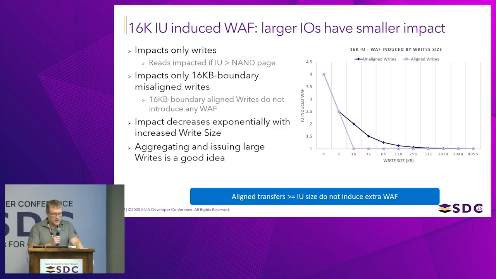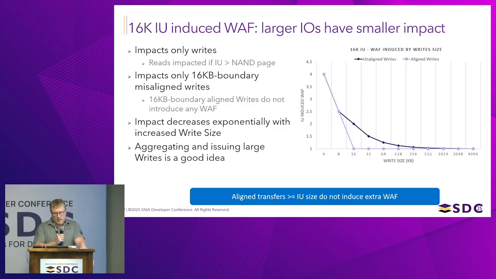Now, there are impacts for having larger IU size. Reads can be impacted in some cases if the IU were bigger than the NAND page size. That's possible, but really we're talking about writes here and write amplification.